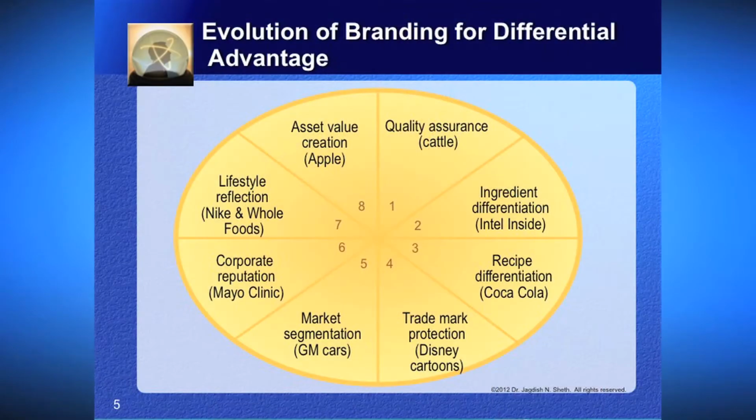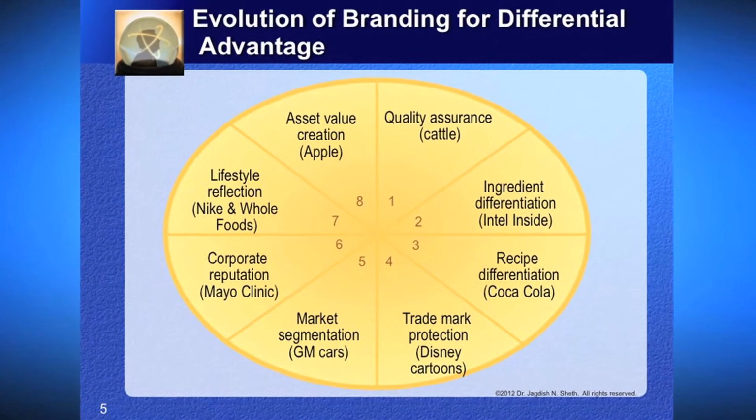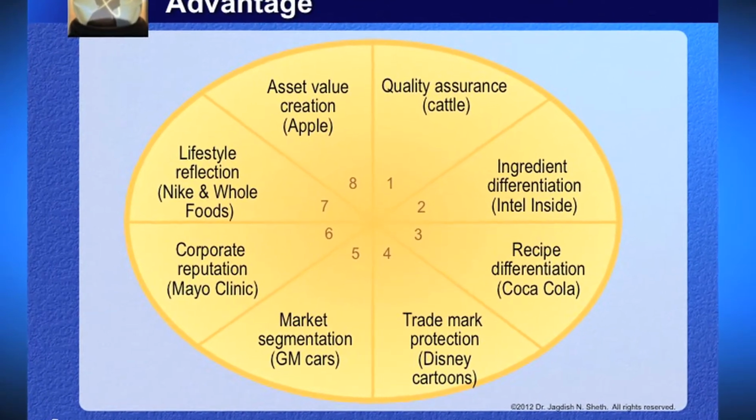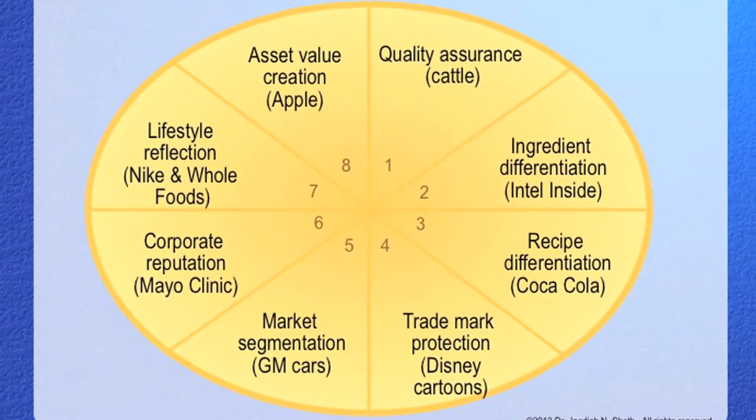However, branding itself is a relatively new professional practice, as well as in fact a new approach in terms of scientific approach to understanding the branding and how it is used. So let's look at the evolution of branding from a differential advantage viewpoint, where and how it began.